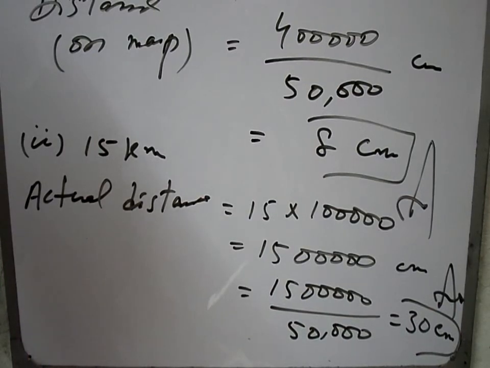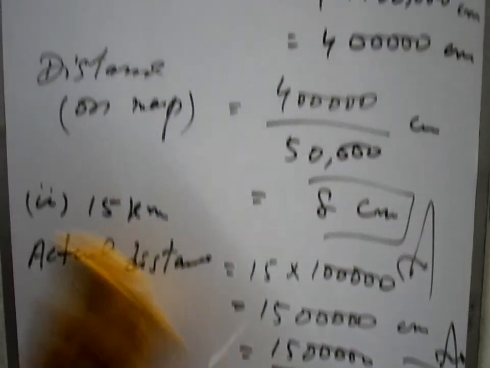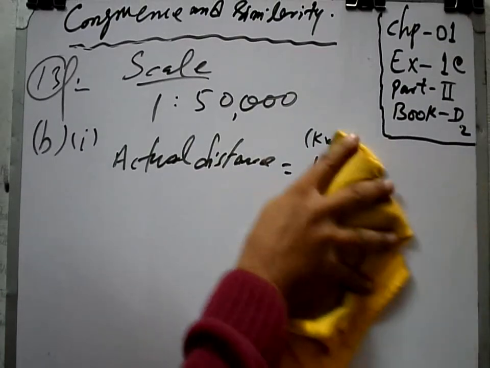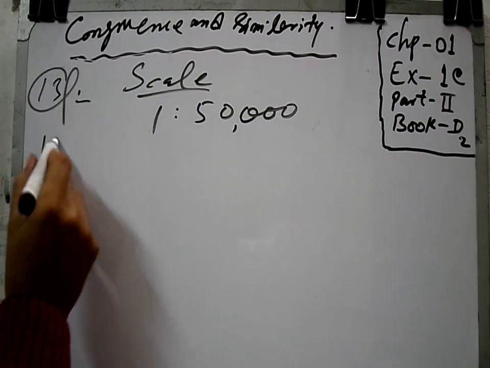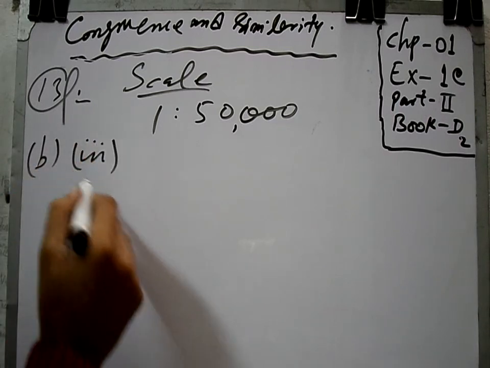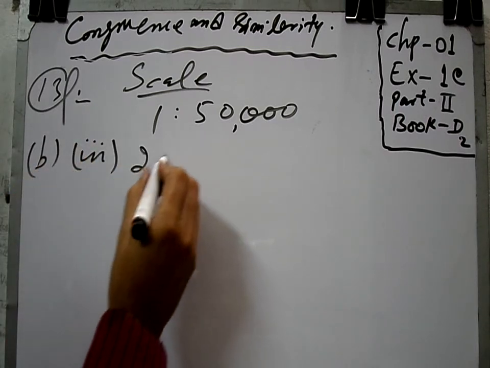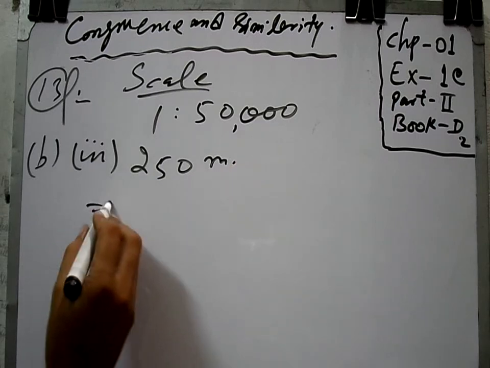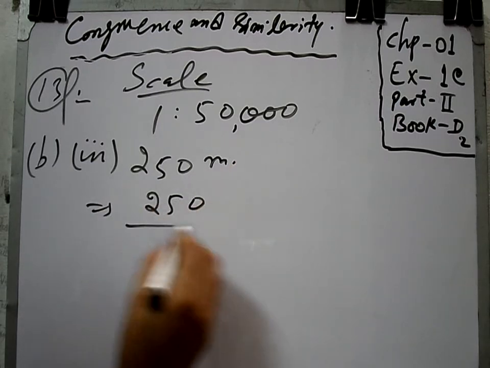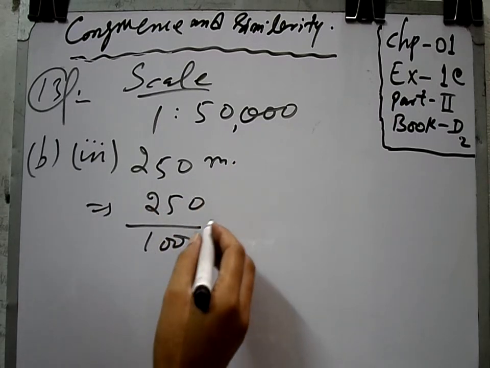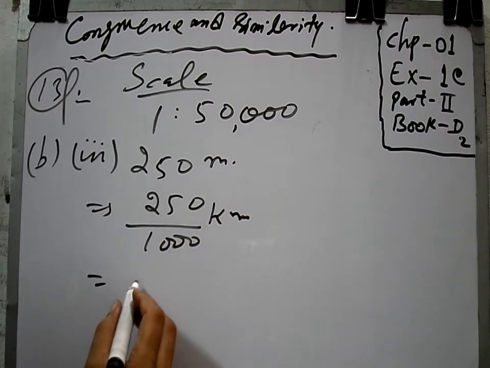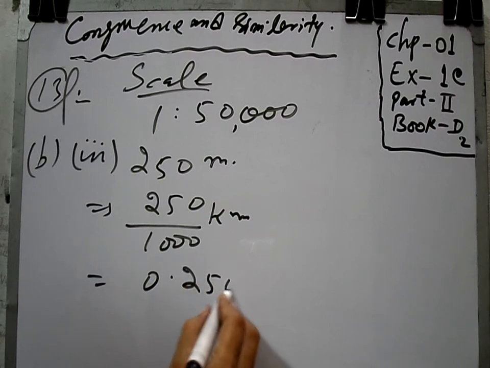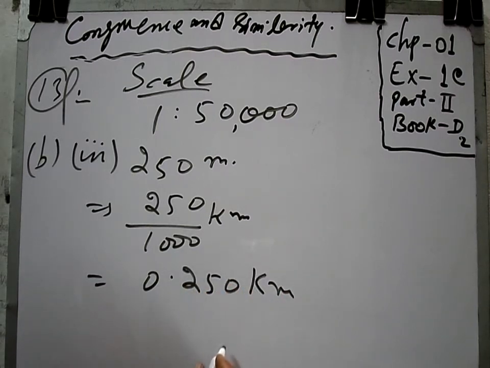So coming to the part number 3. 250 meter, so it should be converted to kilometer, divided by 1000. So it is in your kilometer, so it will give you 0.250 kilometer after simplification.